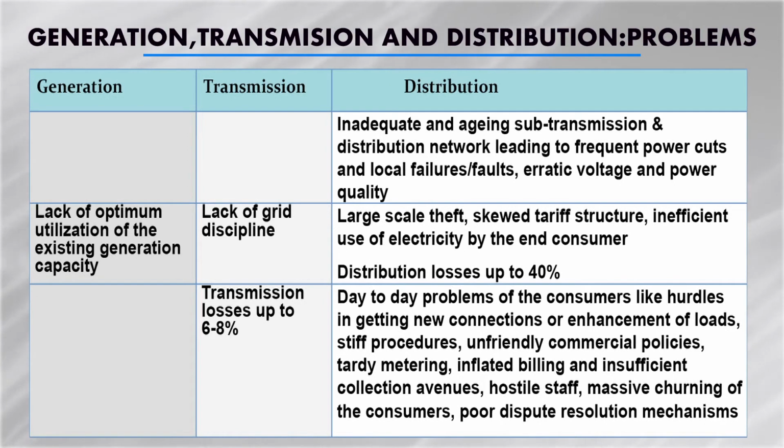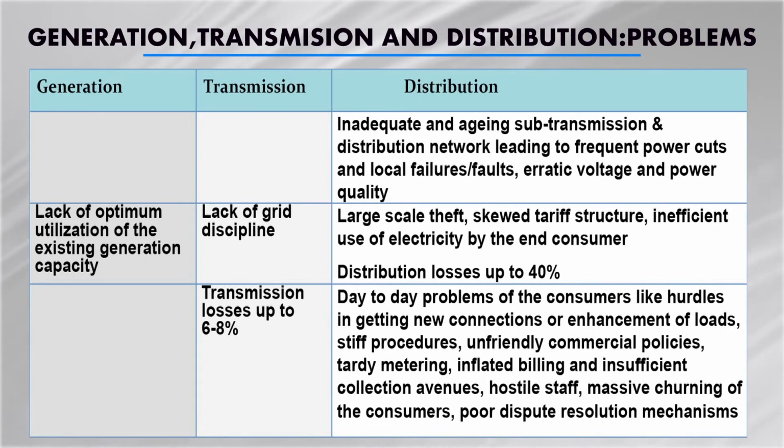In distribution, this is the most challenging area, we can say, the distribution sector. There are some problems because it is directly dealing with the consumer end, and whatever the demand is, this system works to meet that demand.